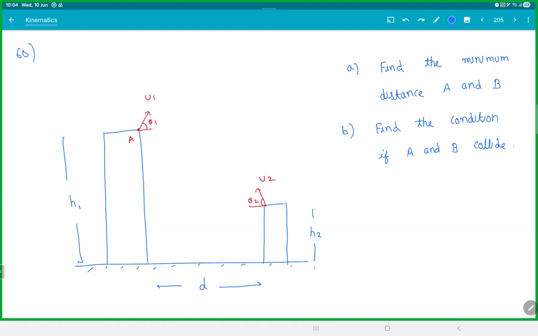Yeah, the answer you won't be able to type. It's pretty big, but give it a try for 2 minutes and I'll show you. Then you can see whether you got the same thing.